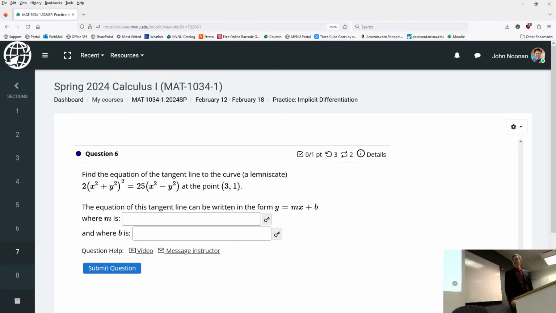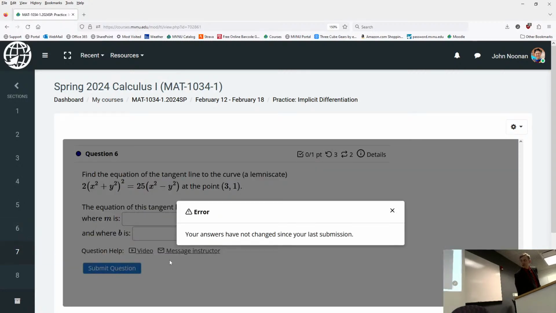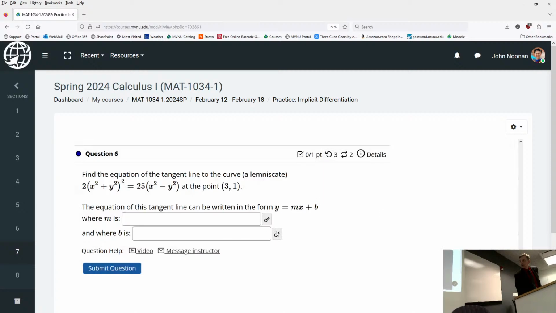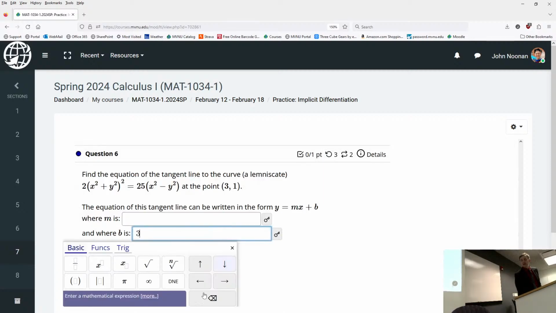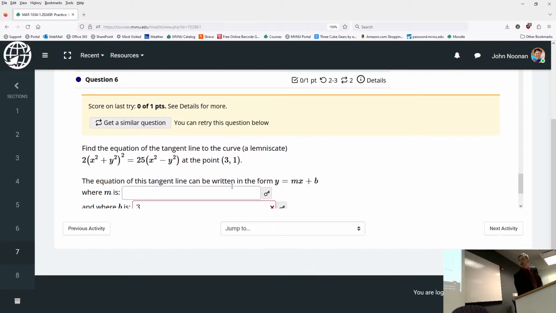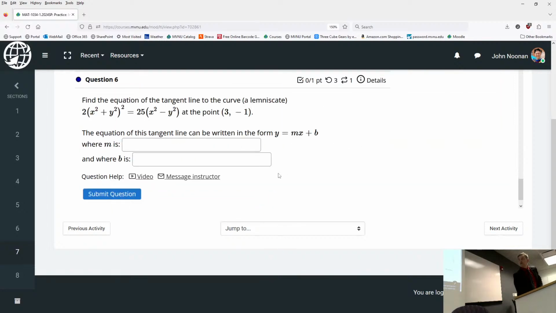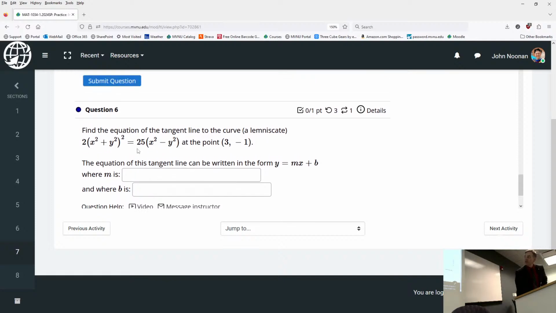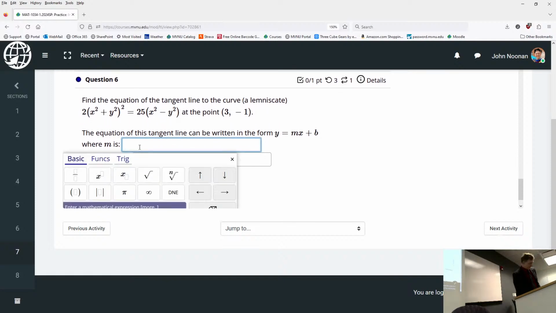You might have different numbers than me. Oh, can I get another version? Oh, I have to put something here. And then they want the slope, the tangent line. I didn't get it right. Get a similar question. I was just curious to see how different. It looks the same.